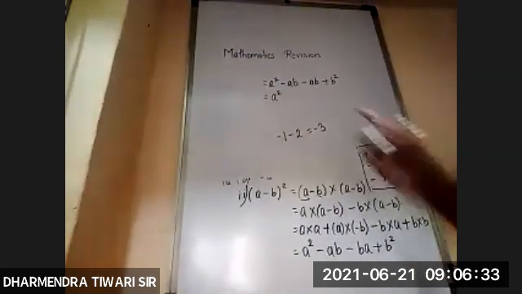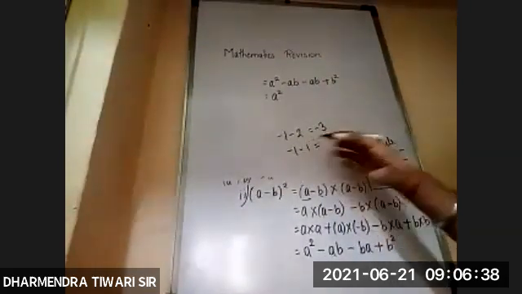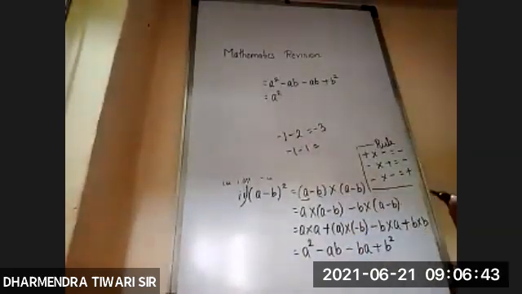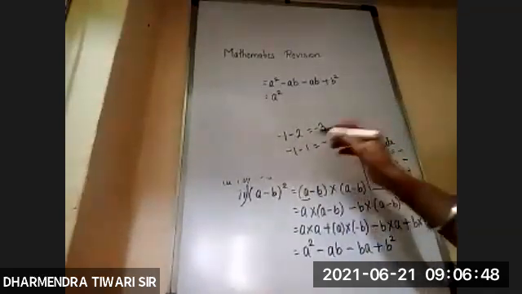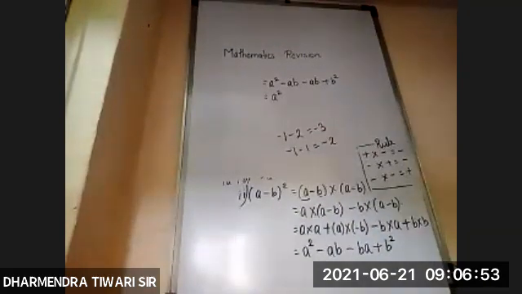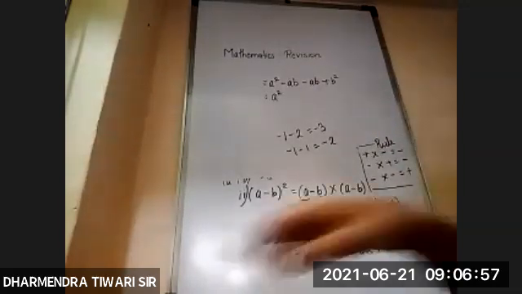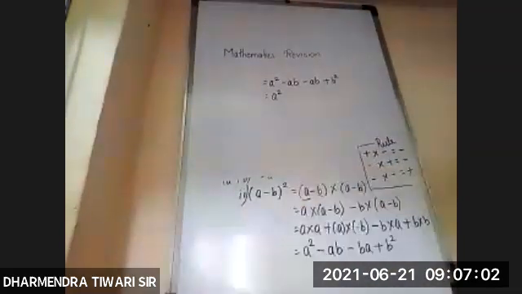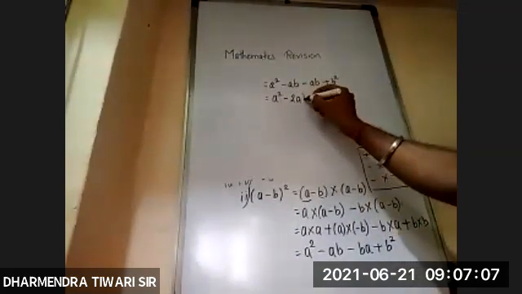And if they are the same, we take the sign which both of them have. If they are having minus, write minus. They are having plus, write plus. So here they are having minus, so write minus. Minus minus plus, 1 plus 1 is 2. The answer is minus 2. As both the terms were same, I've given an example so that it won't create any confusion. This is minus 2AB.